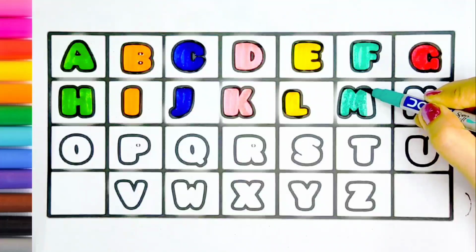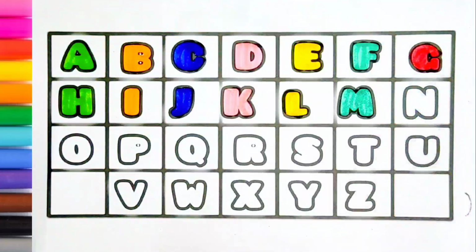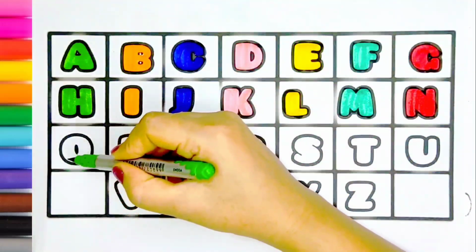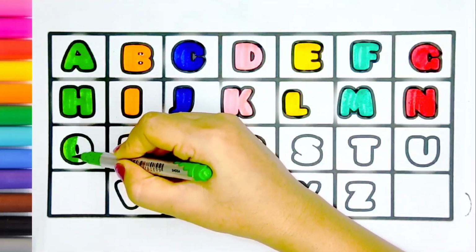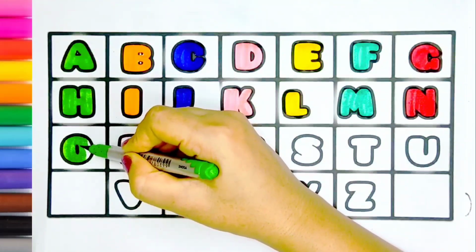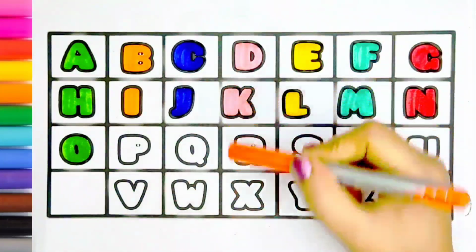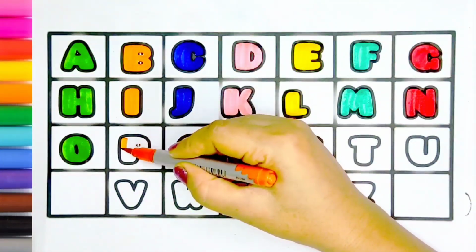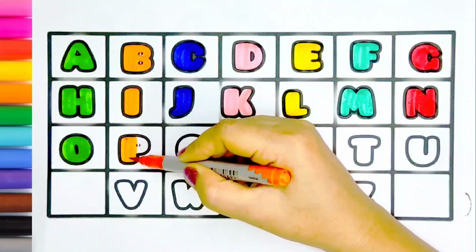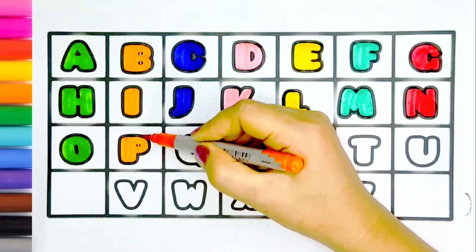M for mango. Red color. N for no. Light green color. O for orange. Orange color. P for parrot.